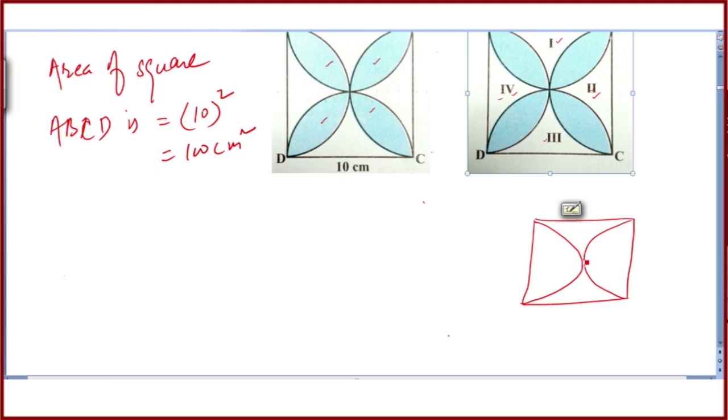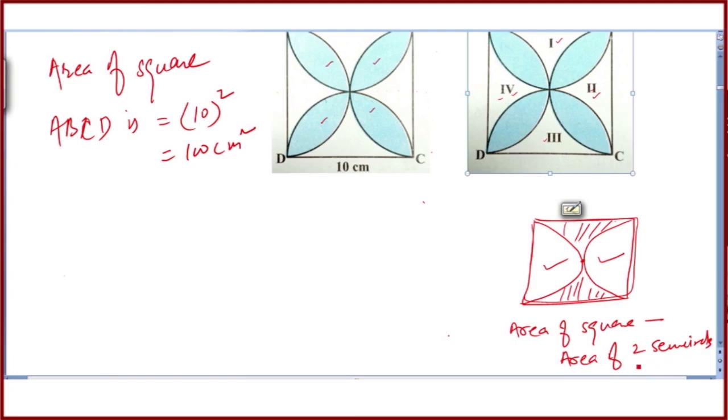If I subtract the areas of these two semicircles from this square, I will get these two areas 1 and 3. This is 1, this is 3, right? So area of square minus area of two semicircles will give me these two areas.